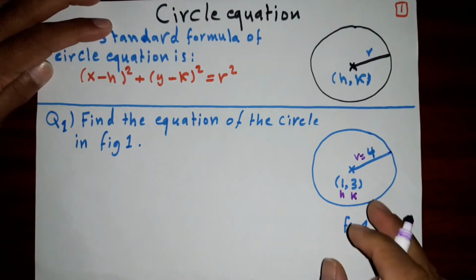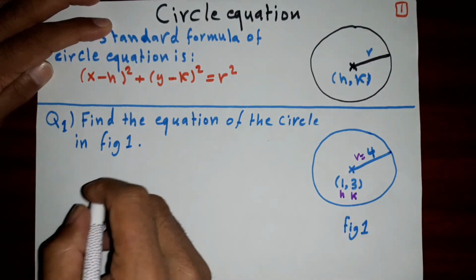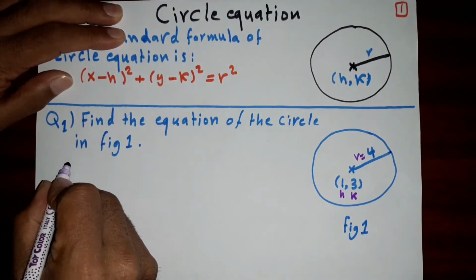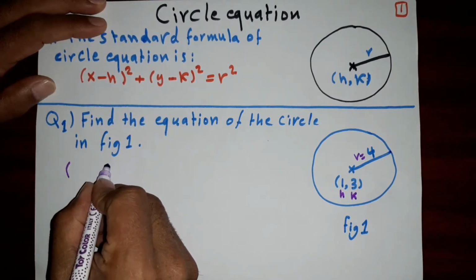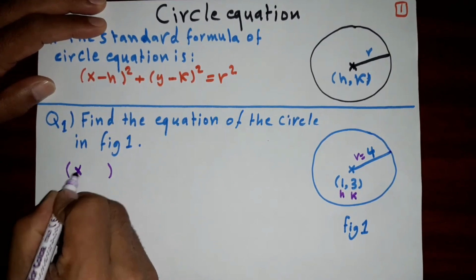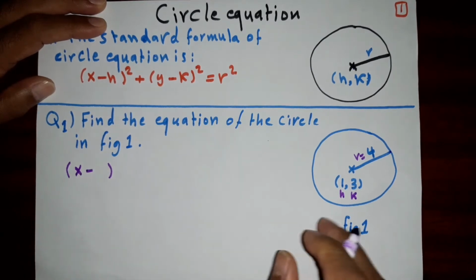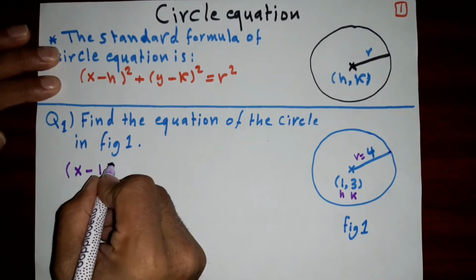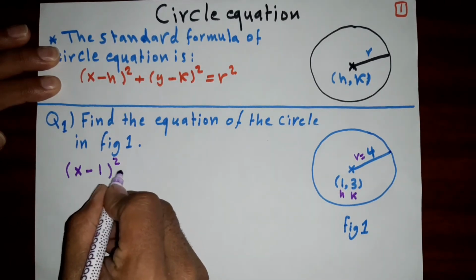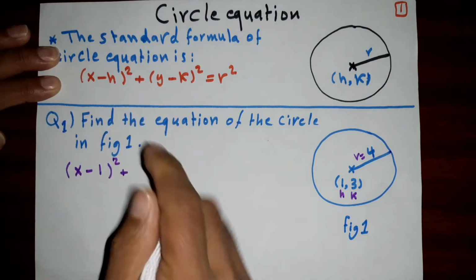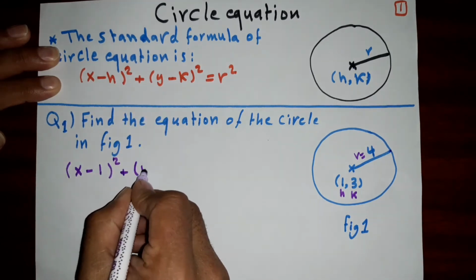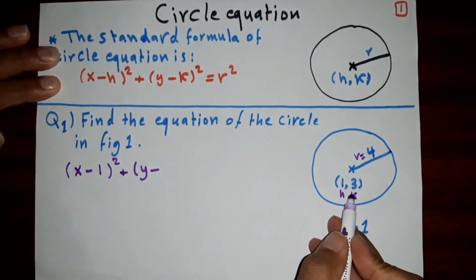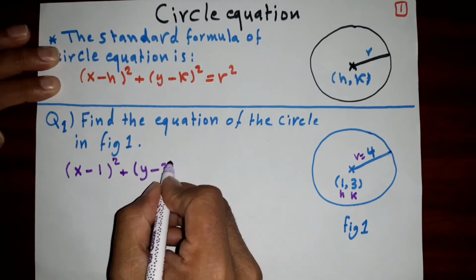We found the center coordinates and the radius, so we can find the standard formula of the circle equation. We put x minus h, and substitute h by the number 1, x minus 1 all squared, plus y minus, what is the value of k? The value of k is 3, squared.